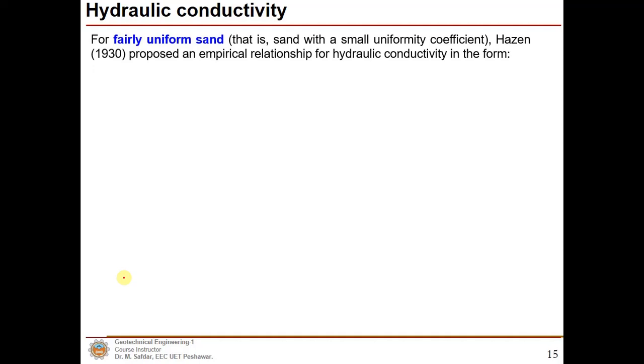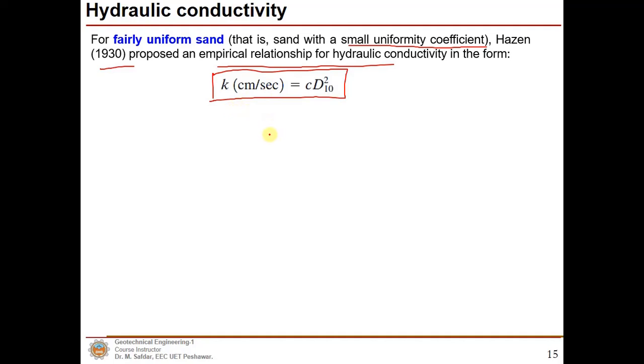Now, for a fairly uniform sand, or we can say sand having a small uniformity coefficient, Hazen in 1930 proposed an empirical relationship for hydraulic conductivity with the effective size, or D10.